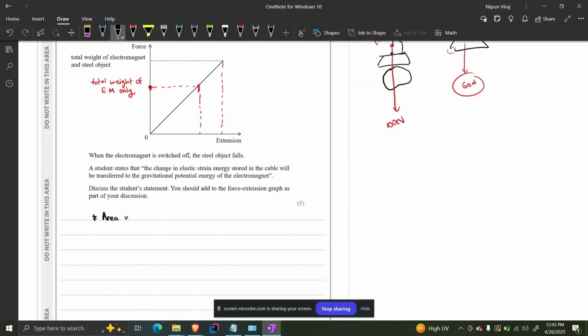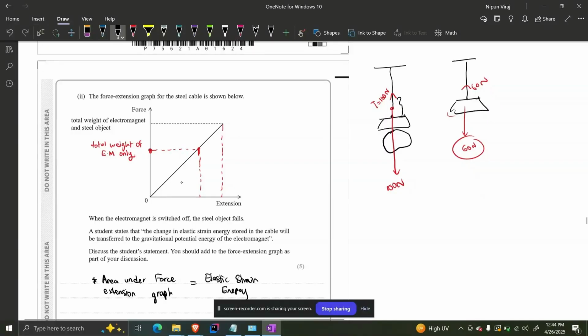Area under the force extension graph is equal to elastic strain energy. So that is one very important point. What happens when you remove the electromagnet is the graph comes from this point to this point.